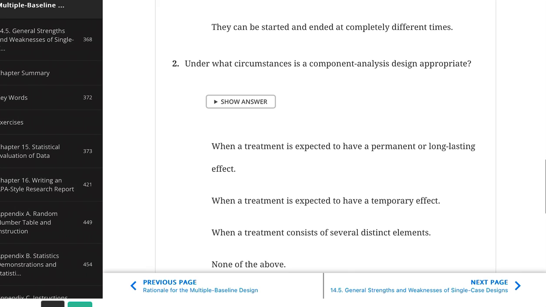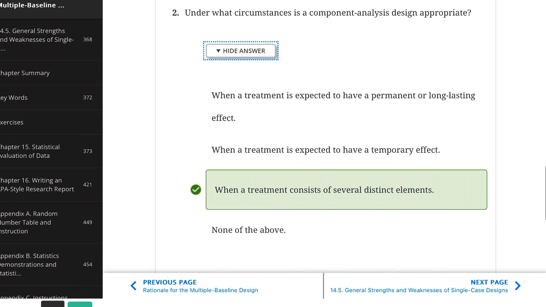Number 2 is, under what circumstances is a component analysis design appropriate? And so remember that component analysis is looking at the components of a treatment. And so the answer here is when a treatment consists of several distinct elements that you want to study.